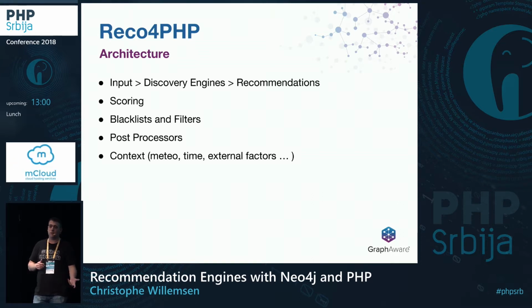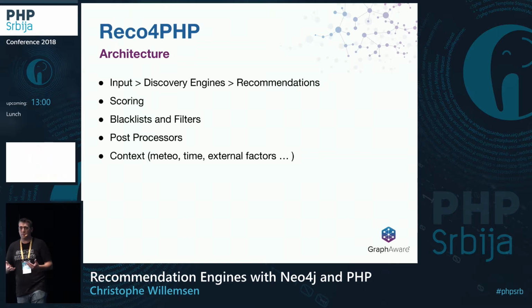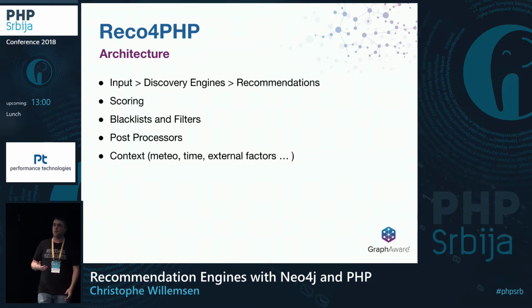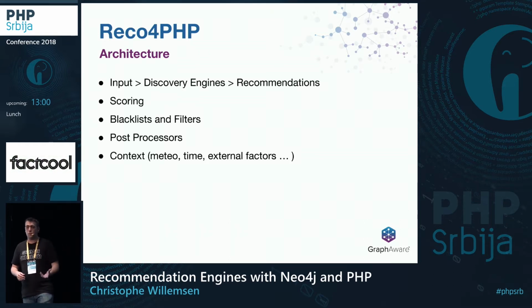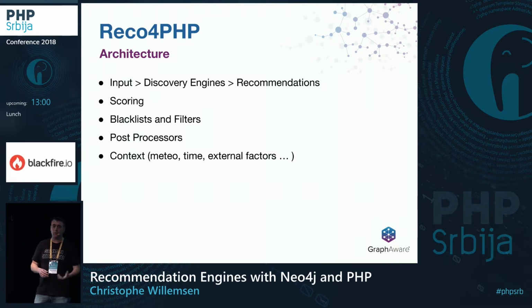But how really relevant is that? If you learn a bit of recommendation theory, you will see that generally what we call dense nodes, nodes representing a dense person, like Fabien Potencier or the creator of Laravel, those nodes will create noise in your recommendation. So generally, you will avoid it.